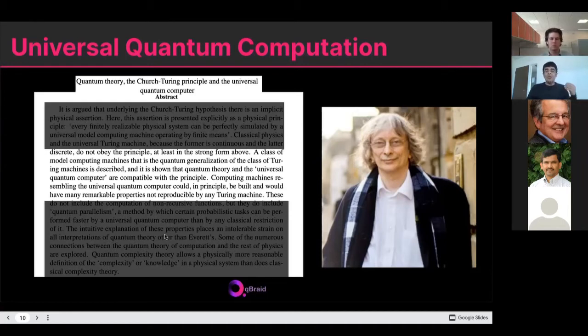But then he went one step ahead, where he showed an algorithm which ended up getting named after him, Deutsch's algorithm, where he showed that there's something that you could do with a quantum computer which is not possible with your traditional computers. Okay, so this was one of the foundational moments where after that there was much more interest in the field.